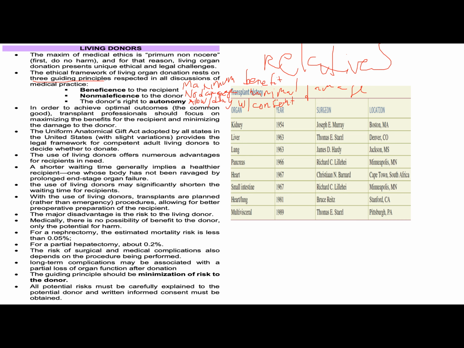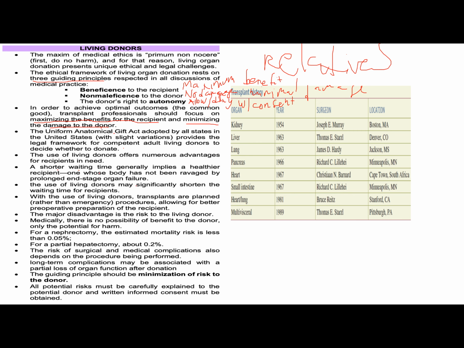Now, in order to achieve optimal outcome, class, transplant professionals should focus on maximizing the benefit. Remember this, ito yung sinasabi ko. Maximizing the benefit for the recipient and minimizing the damage to the donor. Now, the Uniform Anatomical Gift Act, adopted by all states in the U.S., provides the legal framework for competent adult living donors.